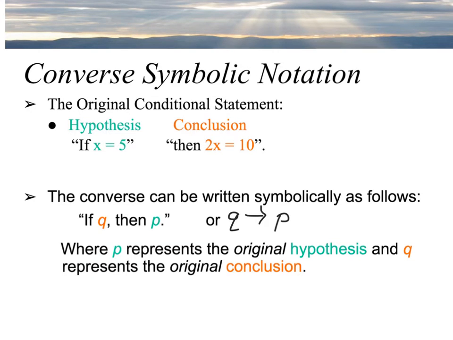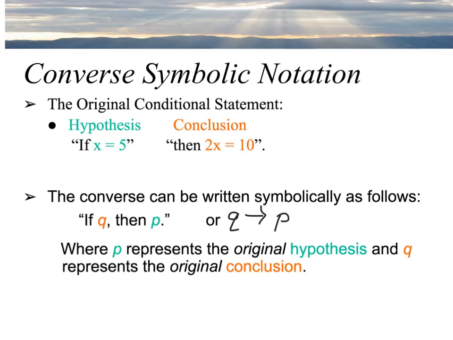We can also write the converse of a conditional statement using these symbols. So again, if we go back to our original, on the last slide, we said if x equals 5, then 2x equals 10. So that's our original conditional statement. We know the converse is, and we've learned this already, if 2x equals 10, then x equals 5.